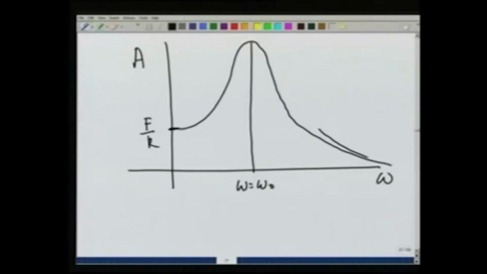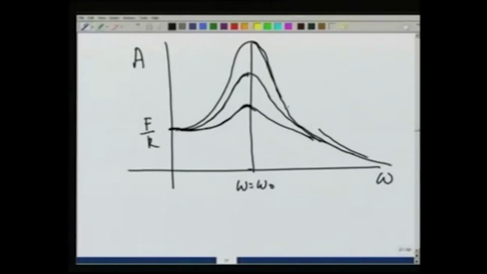If I increase gamma, it will be something like this. If I increase gamma further, it will be something like this. If you increase gamma, the maximum shifts slightly to the left, to a value slightly lower than omega 0, but for all practical purposes you can say that it is peaking at omega 0, and then far away it decays like this.